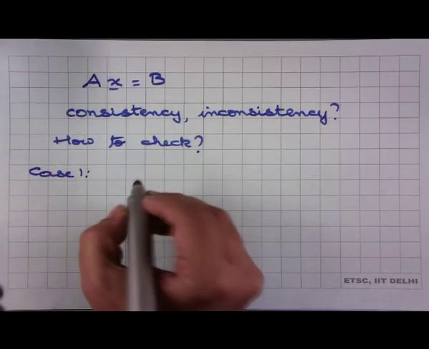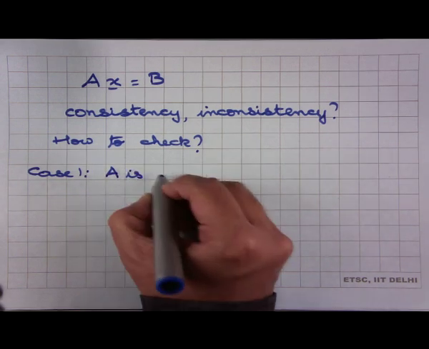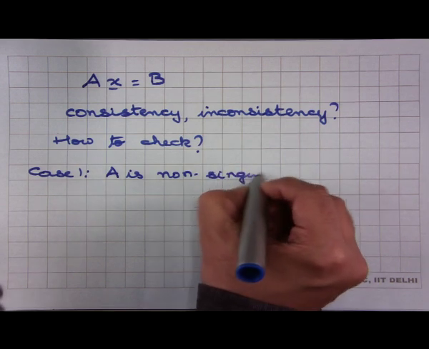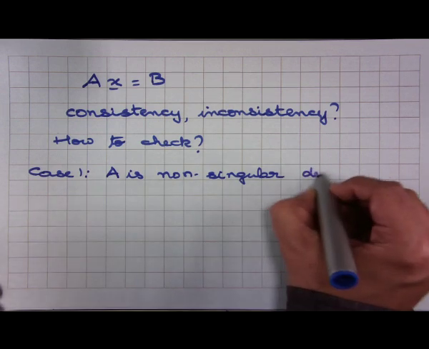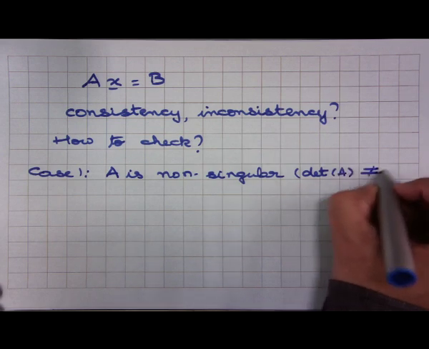So, let us write down what we just said. The first case that we will look at is that A is non-singular. What does that mean? That means that the determinant of A is not equal to 0.